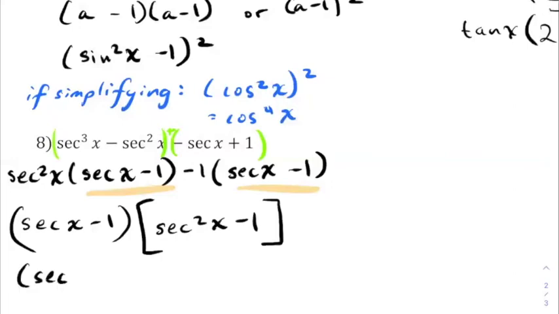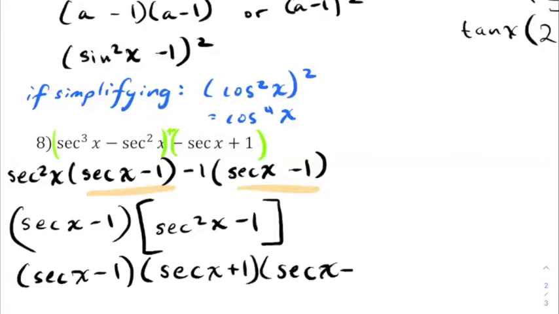Yeah, I think we can factor out that quadratic now as just a difference of squares. So secant x plus 1, secant x minus 1. And if you wanted to rewrite that, you could do that. Secant x minus 1 and make that secant x minus 1 squared. Yeah? Mr., couldn't you simplify that to tan squared x?